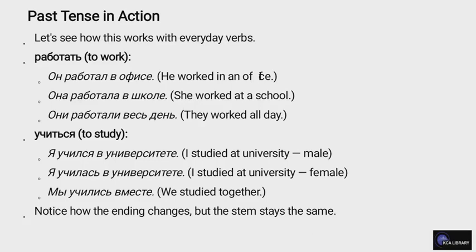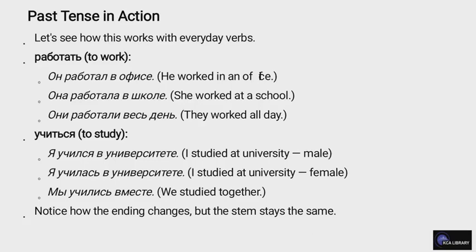Ya uchilsya v universitete. I studied at university, male. Ya uchilas v universitete. I studied at university, female. My uchilis vmeste. We studied together. Notice how the ending changes, but the stem stays the same.